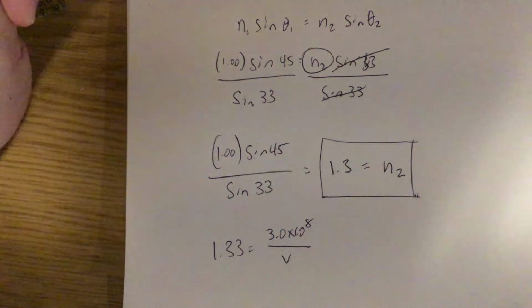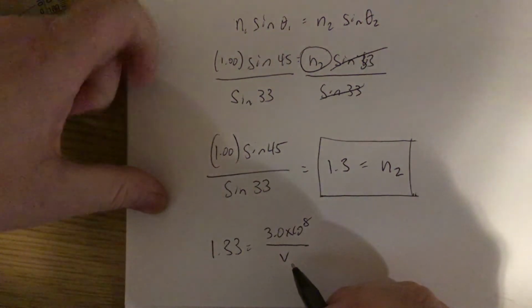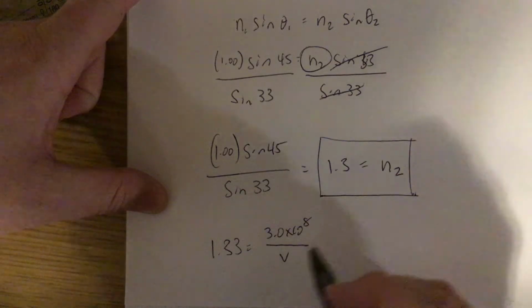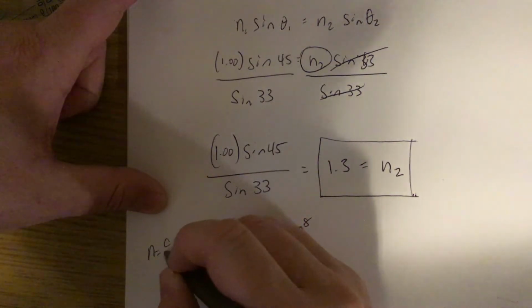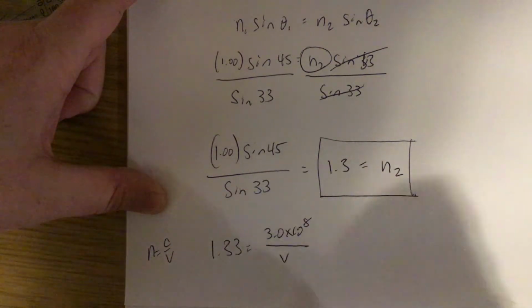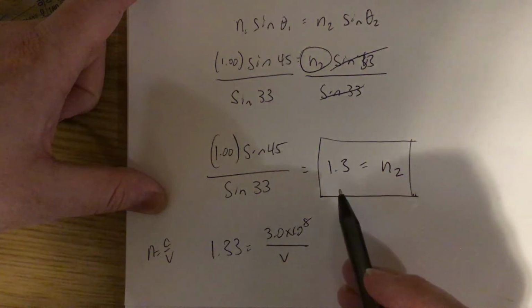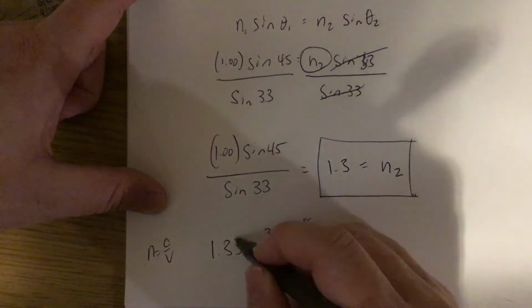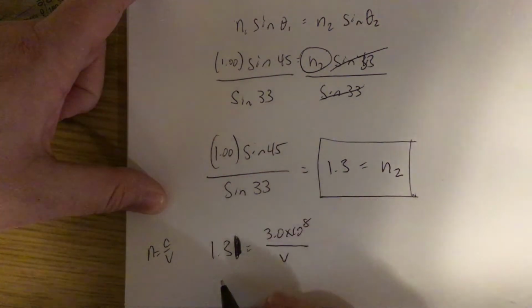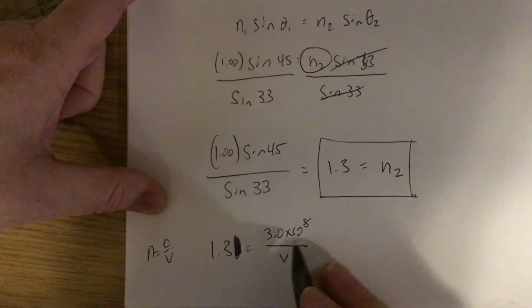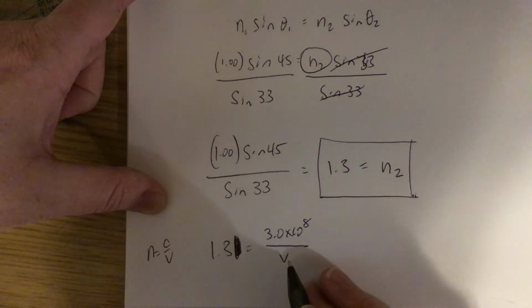Let's say you also wanted to know how fast the light was traveling in the block. Because you know that n equals c over v, you could say that n of the block, 1.3, is equal to 3.0 times 10 to the 8th divided by v, and we need to solve for v.